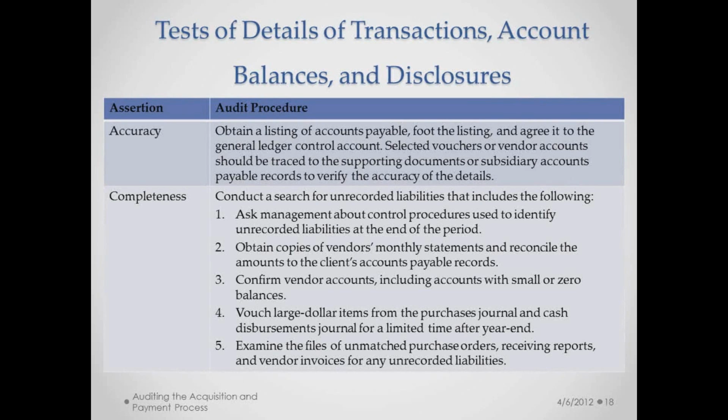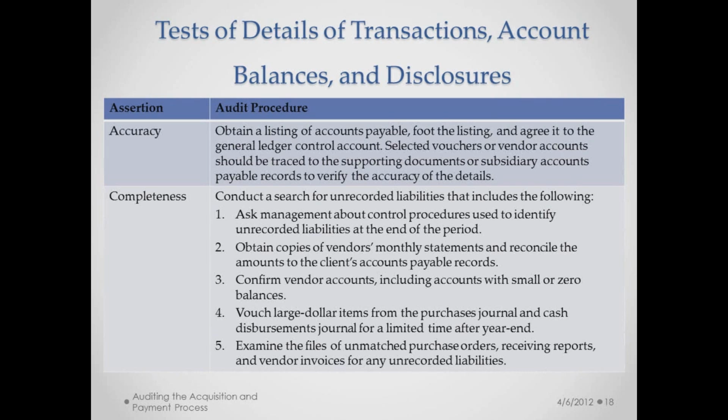Confirm vendor balances. As I said, confirmation is not required, but it's certainly an audit procedure available to the auditor. Vouch large dollar items from the purchase journal and the cash disbursements journal for a limited period after year end, because again, what you're trying to do is see if there are any liabilities that should be recorded that haven't been recorded.